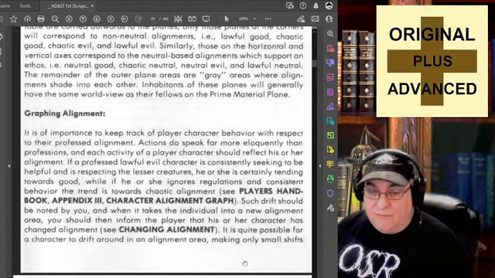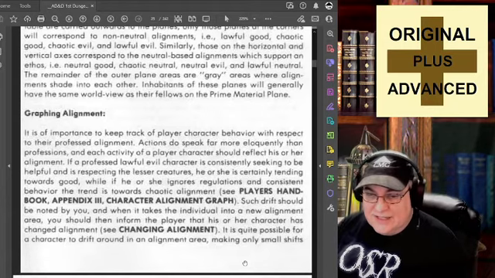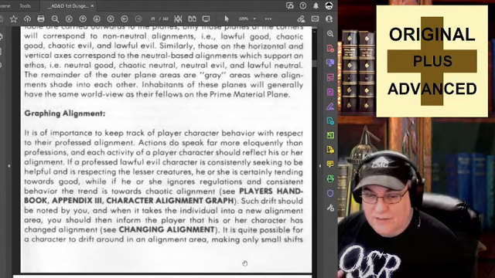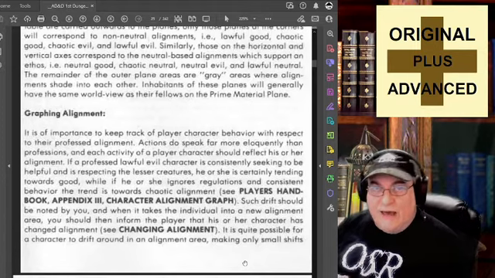If a professed lawful evil character is consistently seeking to be helpful and is respecting the lesser creatures, he or she is certainly tending towards good. Well, if he or she ignores regulations and consistent behavior, the trend is towards chaotic alignment. They say to see the Player's Handbook Appendix 3 character alignment graph, but we all know it.